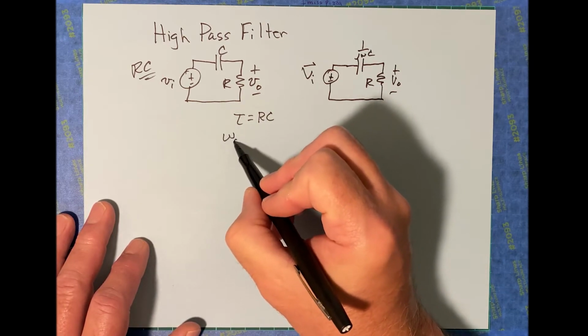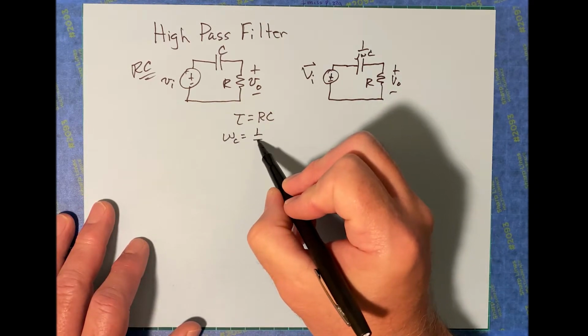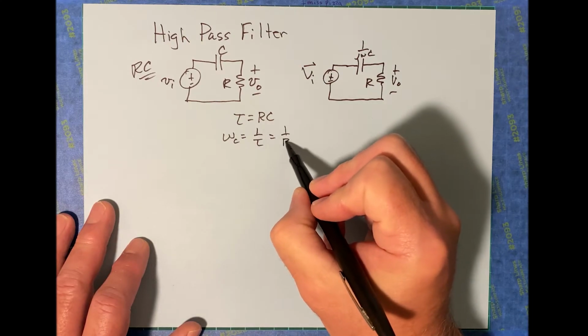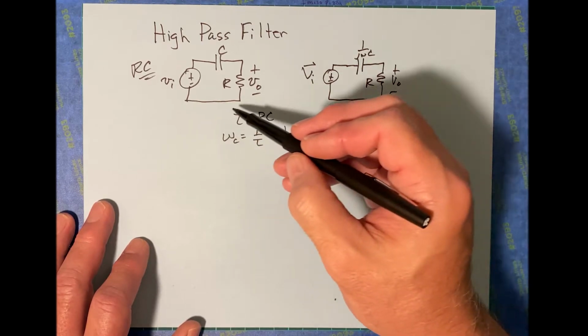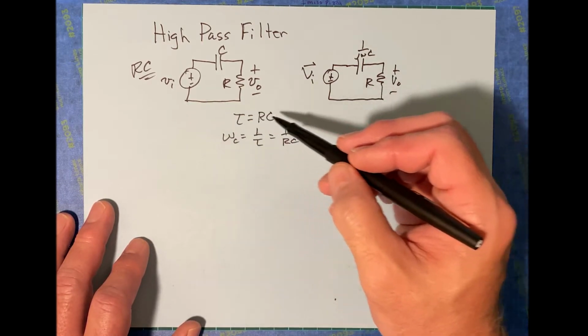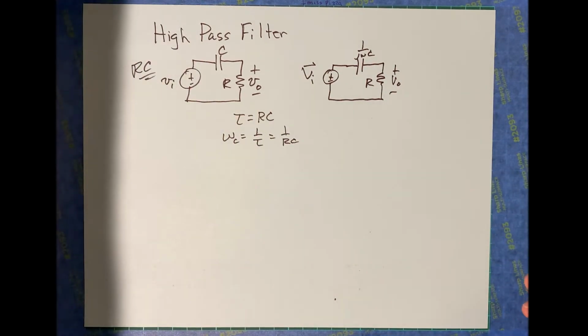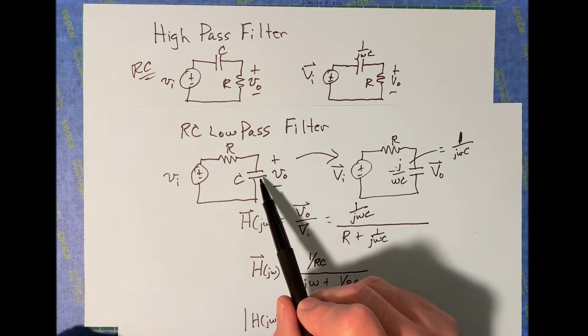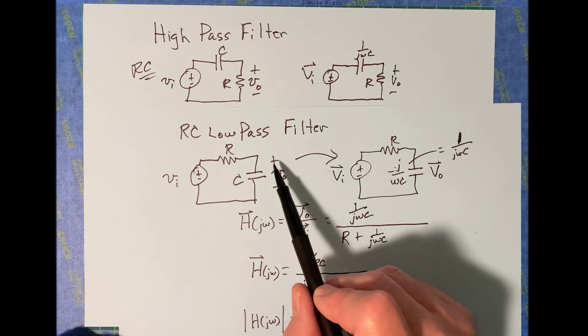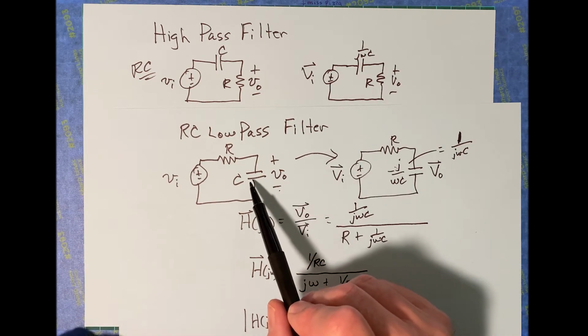So the omega cutoff is going to be 1 over tau, so it's going to be 1 over RC. Okay, now I'm sort of giving that away, but you could probably figure that out if you think back to our example right here. This was our low pass filter, and what we were doing is we were taking the voltage across the capacitor.